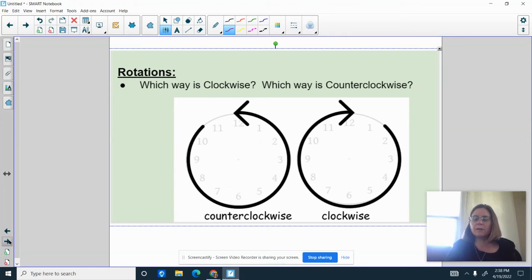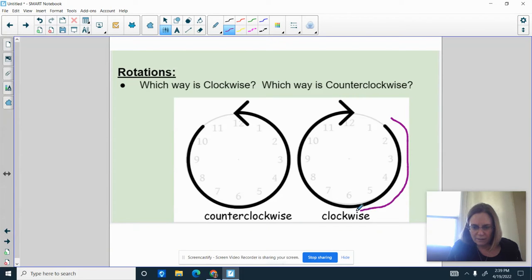You need to know which way clockwise and counterclockwise are, and it's related actually to a clock. If you look at a clock, the numbers start at 12 and then they go to the right, 1, 2, 3, 4, 5, 6, etc. That is known as clockwise. So that is here on my right-hand side.